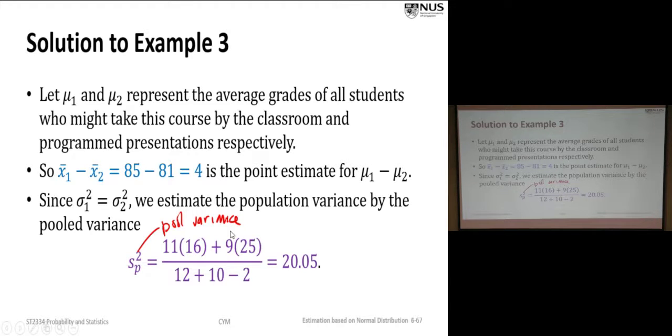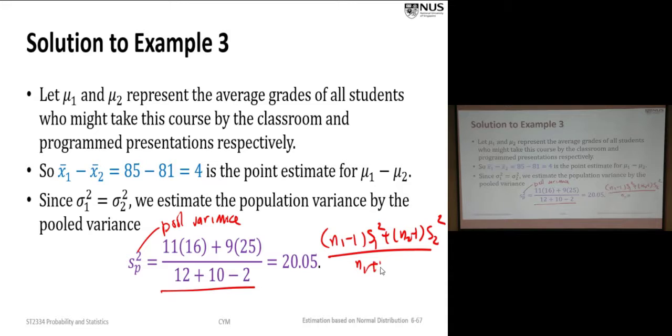In other words, if you believe that these two populations have the same variance, then the sample you've taken from the first population and the sample you've taken from the second population can be combined using this formula, N1 minus 1 times S1 square plus N2 minus 1 times S2 square, over N1 plus N2 minus 2, to get a pooled variance. That means it looks as if you put these two samples of data together and get an estimate for the variance.